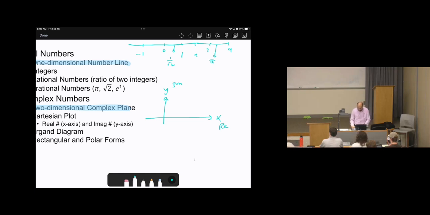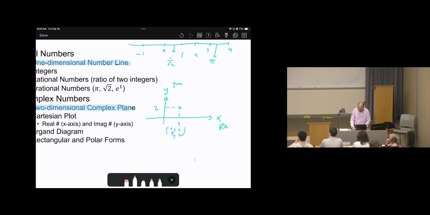So, for example, if I locate a point here, here is 2, and here we call it j or i, 2, something like that. So the x-axis is 2, the y-axis is 2.